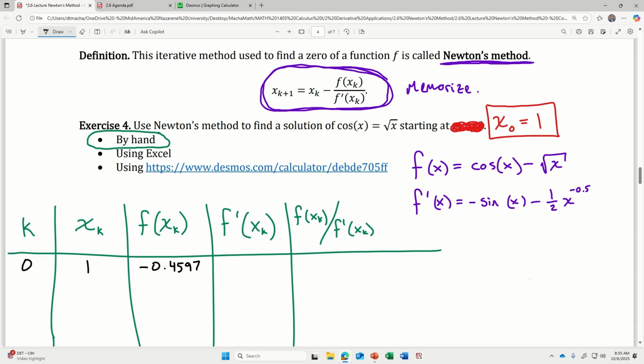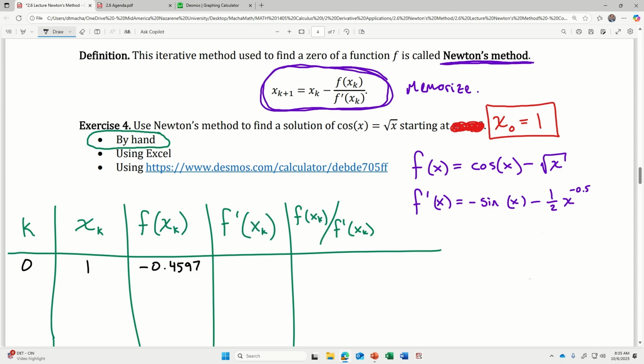So for these Newton method problems, I want you to go ahead and report your answer with 4 significant figures, like here. Normally, for your answers on a test, 3 significant figures would be enough. But since we want a little bit of extra precision, let's use 4 significant figures. And if you want to use 5 or 6, then be my guest. But 4 is what I'm going to do.